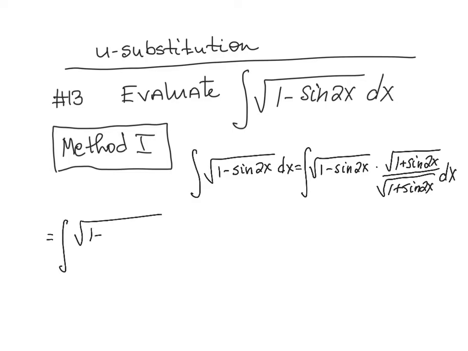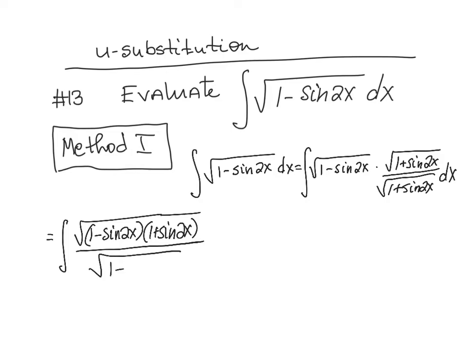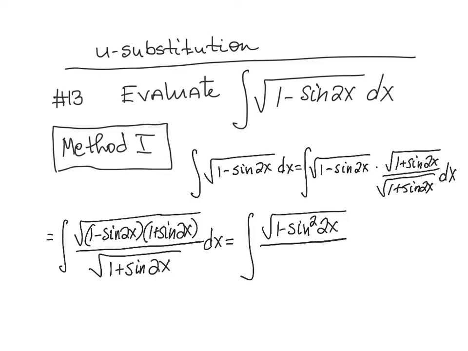So in the numerator we would have the square root of 1 minus sine of 2x times 1 plus sine of 2x, and in the denominator, we have the square root of 1 plus sine of 2x. And the square root of the numerator is the square root of 1 minus sine squared of 2x, divided by the square root of 1 plus sine of 2x.